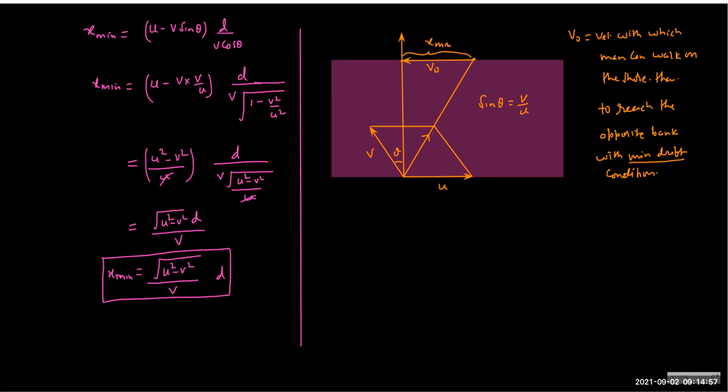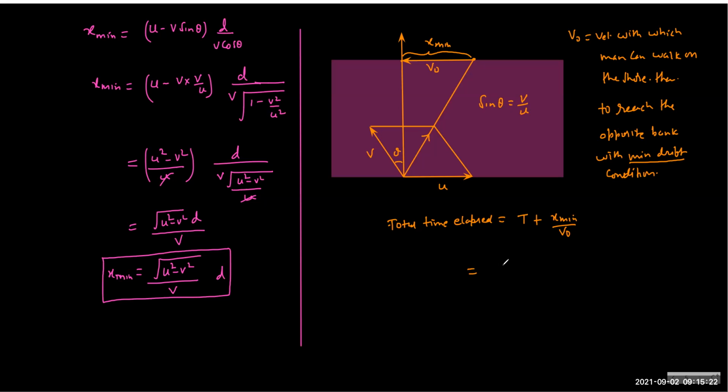So what we write is the total time elapsed. Total time elapsed equals the time to cross the river plus x minimum by velocity of walking.